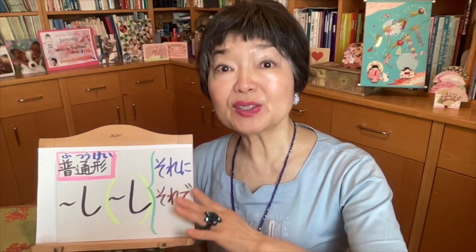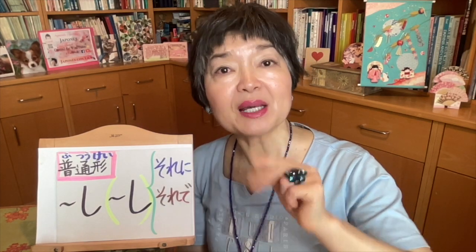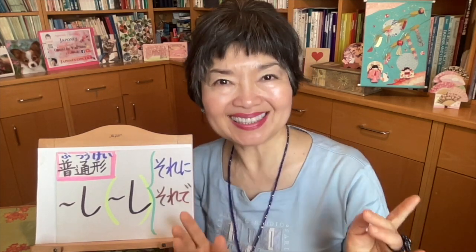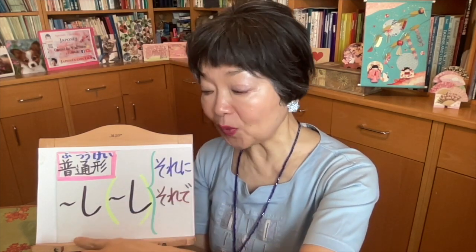In this case using し, it means I'm only telling these two reasons, but actually there are more. And we must use 普通形, plain form, before し.